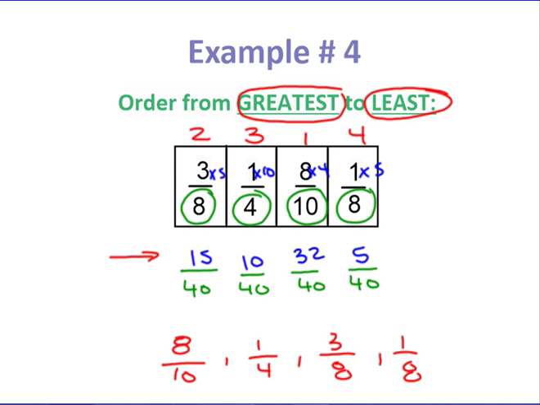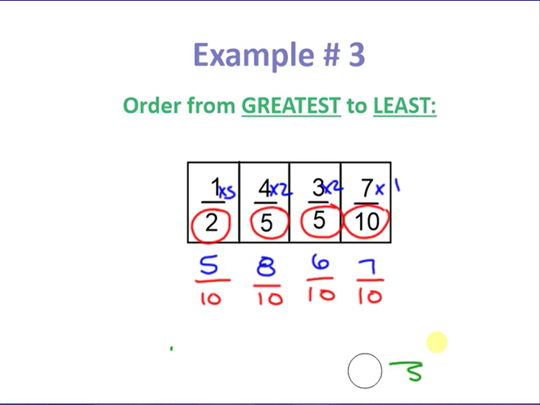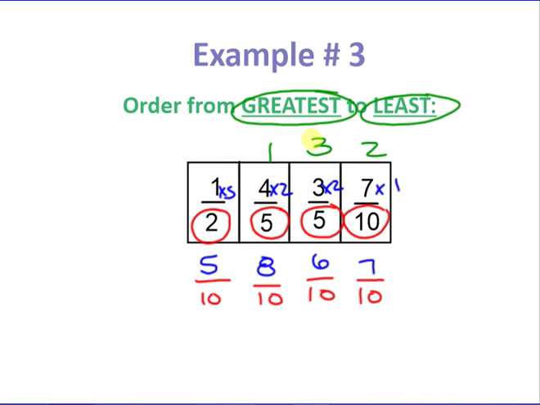And I need to go back to example 3. Please go back to example 3. We did almost everything right. We just have them backwards. We did them least to greatest. So we need to do them greatest to least. So this is 1, 2, 3, and 4.